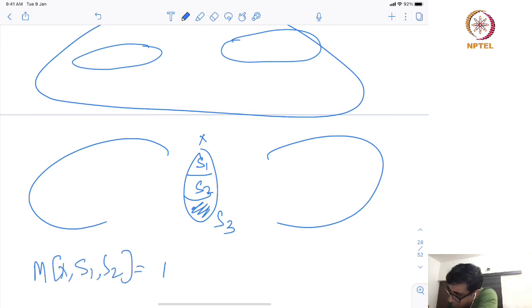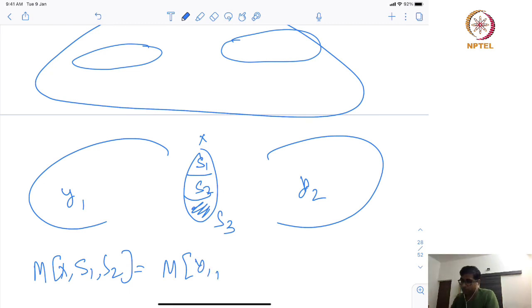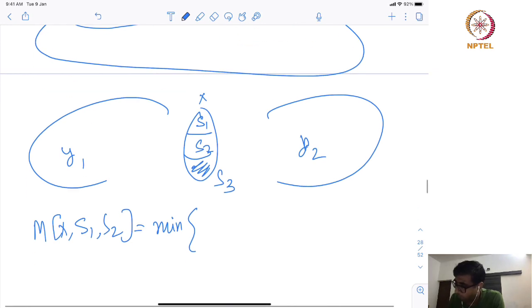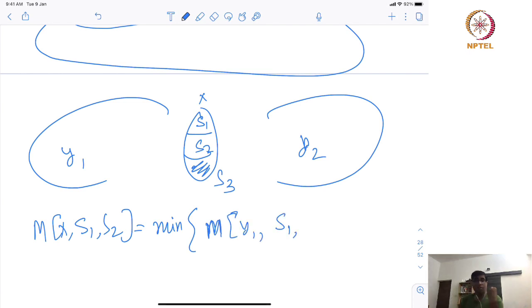If I have to fill S2, I ask myself, suppose this is a child Y1, Y2. So, M of Y1, and what is this going to be? Minimum of M Y1 S1, and now I decide for S3.